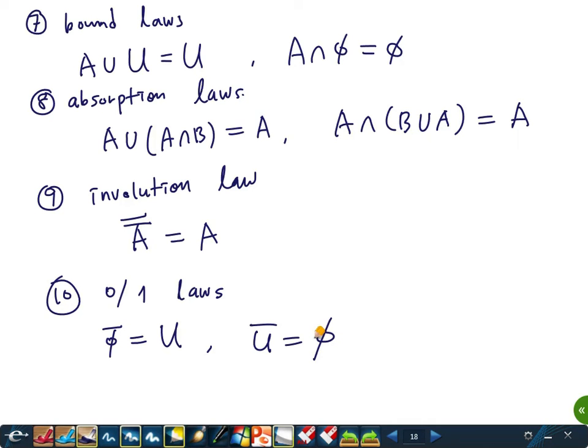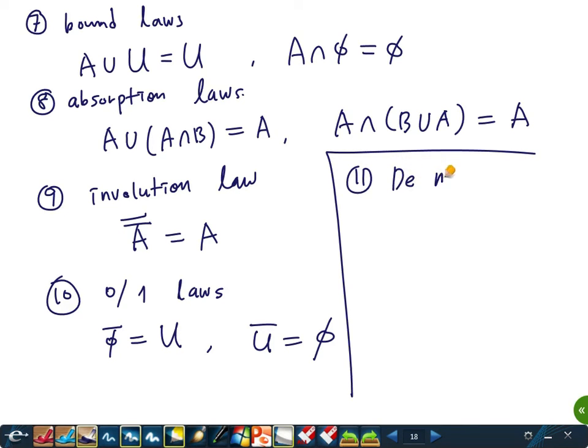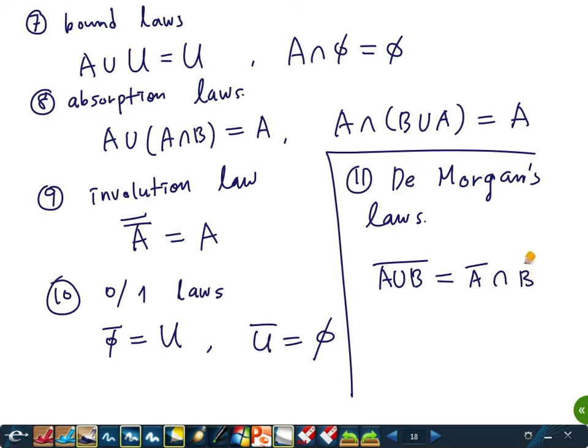And finally, let me write this over here. It has a special name, De Morgan's law. The complement of (A union B) equals A complement, but you have to change the operation, intersect B complement. And the complement of (A intersect B) equals A complement union B complement. Do you think this is true? So what this says, just test your intuition.